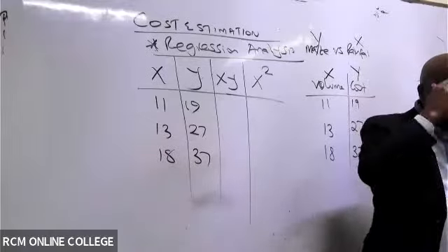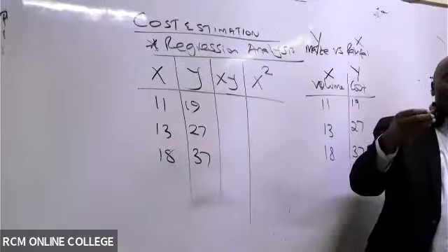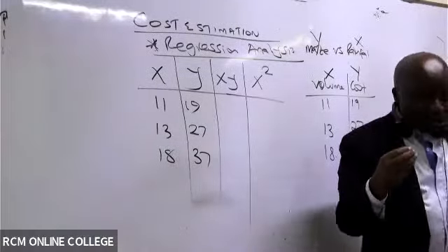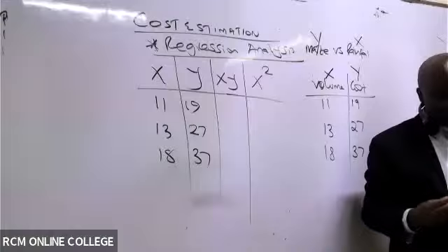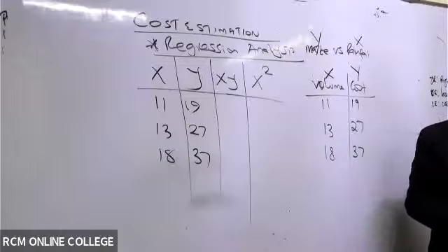A student is asking how far we are. We have just begun and just introduced regression analysis, the simple regression equation, where we are supposed to get the value of B and the value of A.